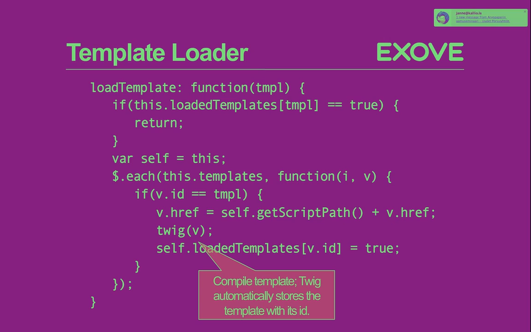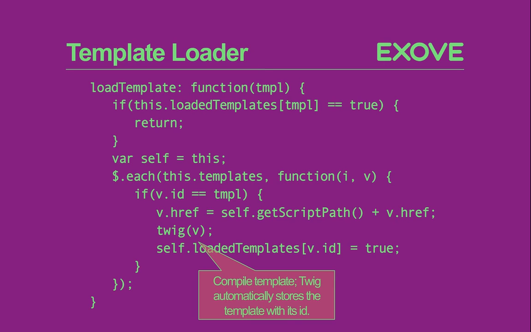But anyhow, I just check whether the template is loaded. If not, then I have one variable that lists the templates that are available to me. I can't do directory searches in the place where the templates are, so I have them listed. And if the template ID matches the template name that I'm looking for, then I generate the path for it, and then compile it, and then mark it as loaded.